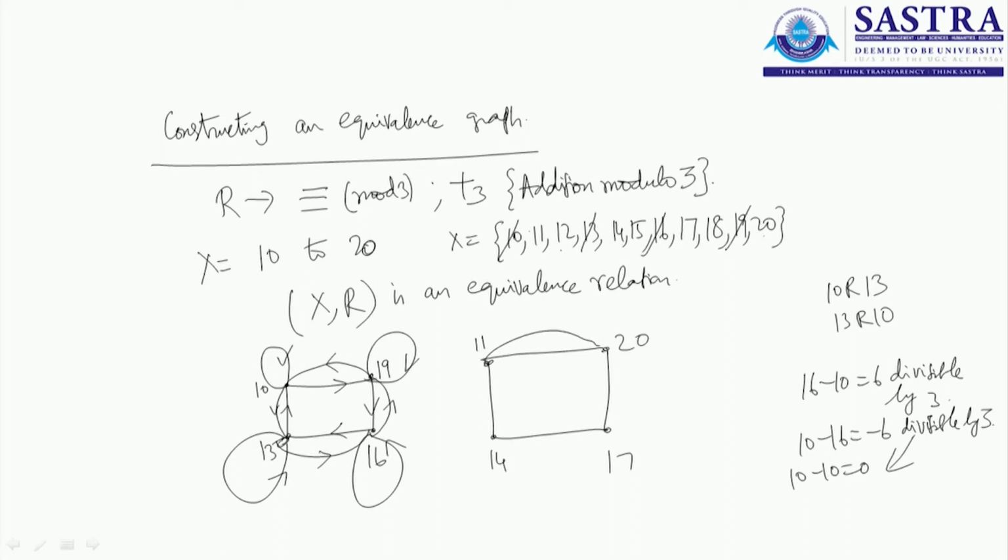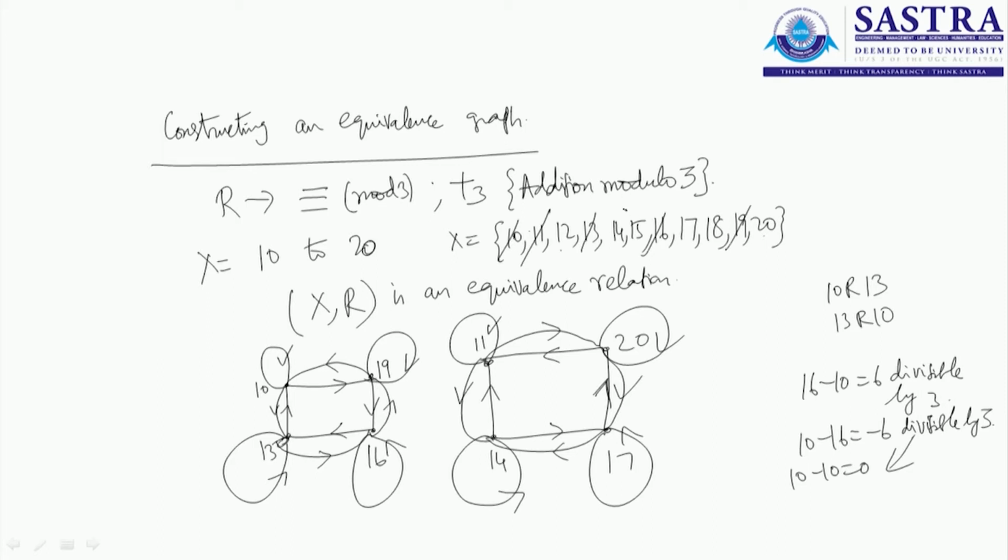I will have two edges, because 11 is related to 20, 20 is related to 11, 11 is related to 14, 14 is related to 11, 14 and 17 are related to each other, 20 is related to itself, 17 is also related to itself, 14 is also related to itself, and 11 is also related to itself. So now I remove 11, 14, 17 and 20.